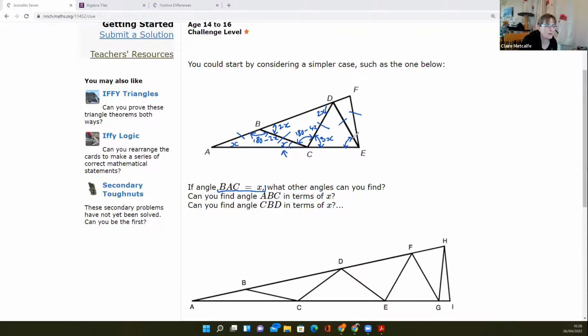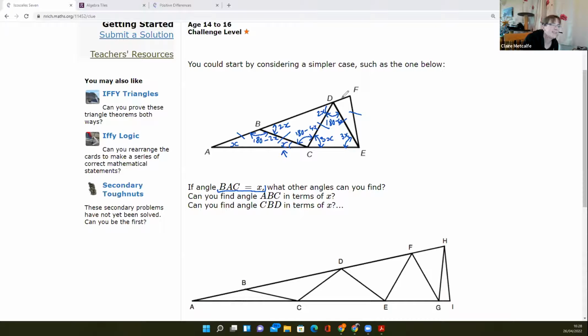Okay, so has anyone given me this angle yet? We've got DCE, which is this one I've just written in. Can anyone give me DEC? We've got DCE. What's DEC? Yeah, 3x. So then we can work out this one, which I think is 180 minus 6x.